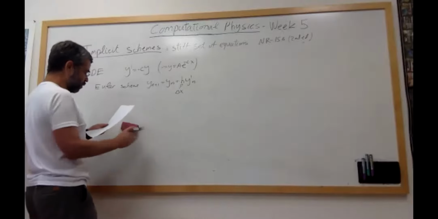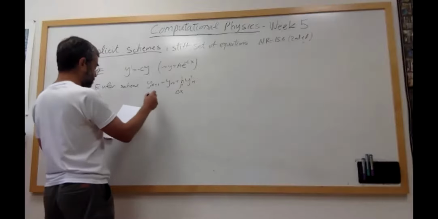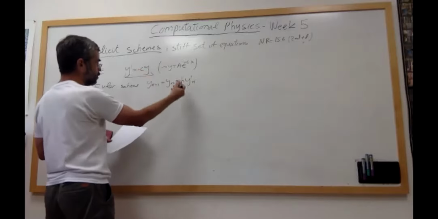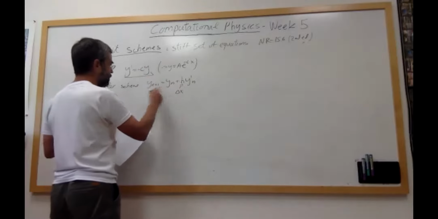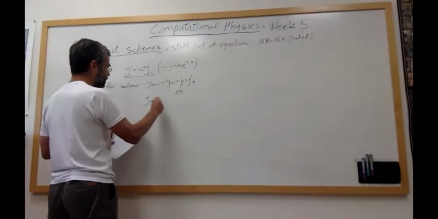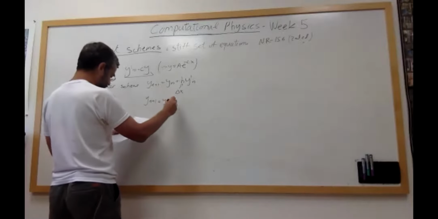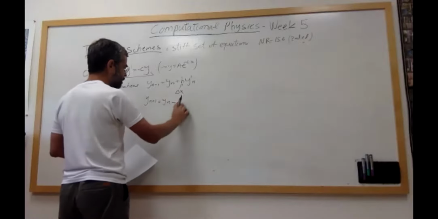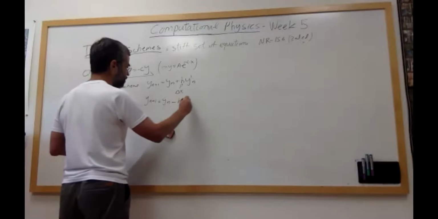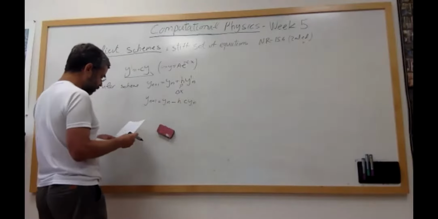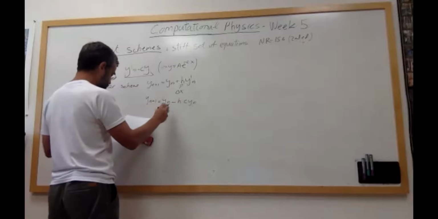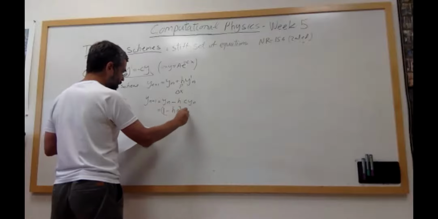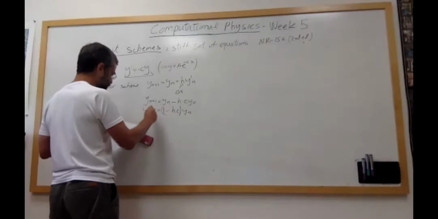Now if we plug the equation into the Euler scheme, y n plus 1 is yn minus h times c yn, so it is 1 minus hc times yn.